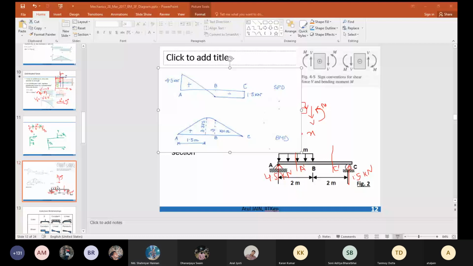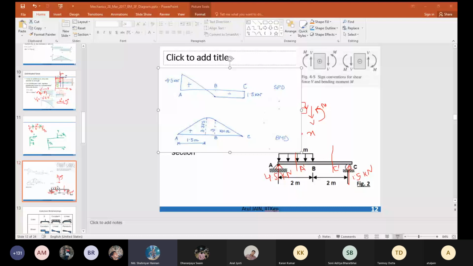Similarly, for shear force, what is the highest value? What is the lowest value? Plus and minus. Writing this is a very good habit. Please keep this in mind. This is because a common question is not to draw the bending moment diagram or shear force diagram, but where is the maximum value, what is the length, and what is the location.